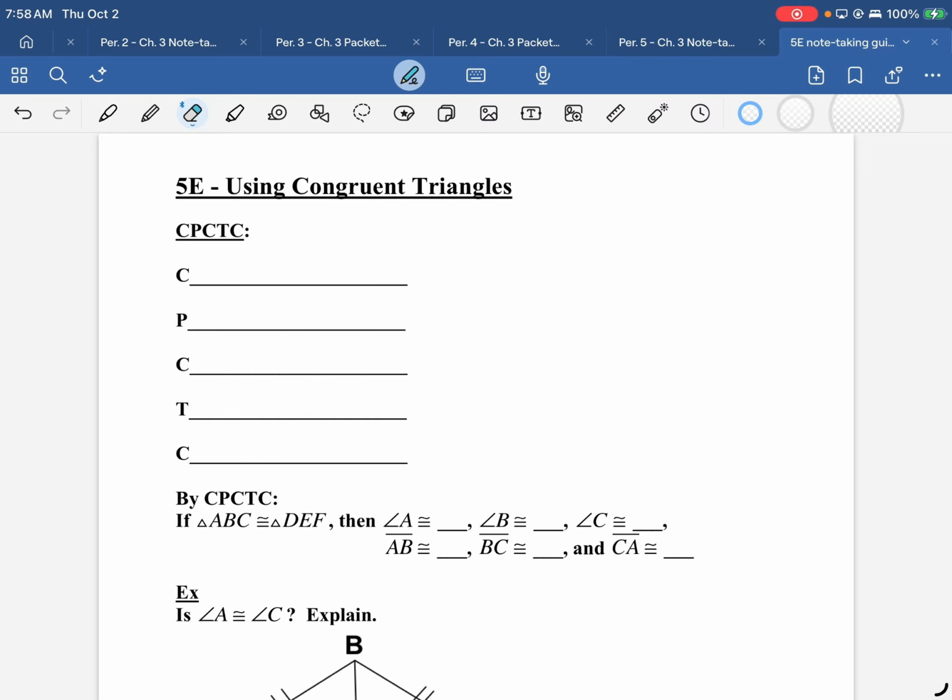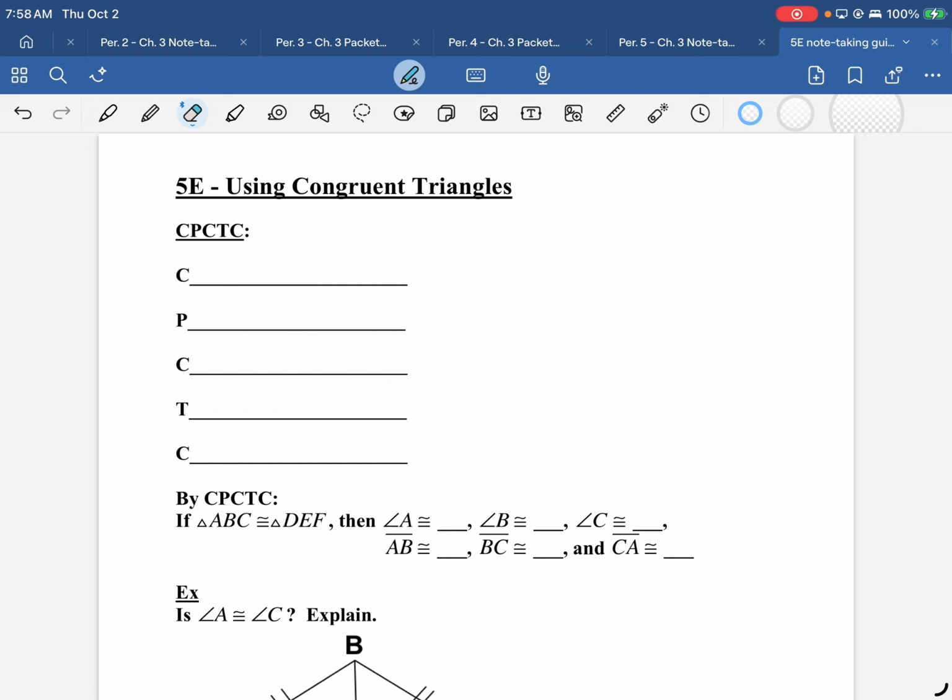5E, using congruent triangles. CPCTC is a rule that we can use, and it says that corresponding parts of congruent triangles are congruent. So that's what the CPCTC stands for.